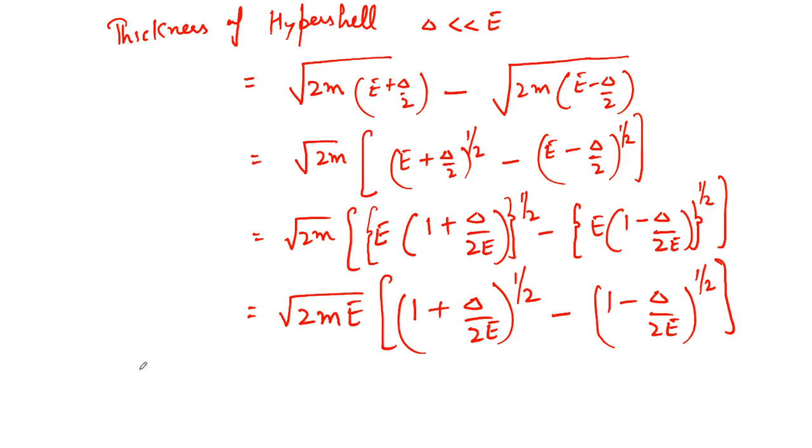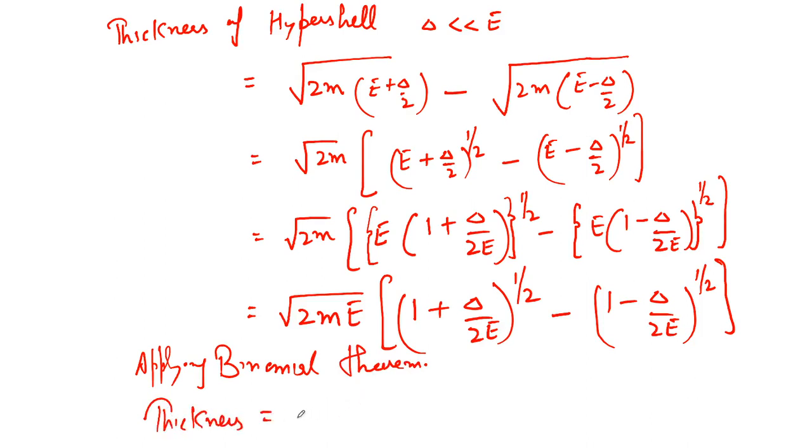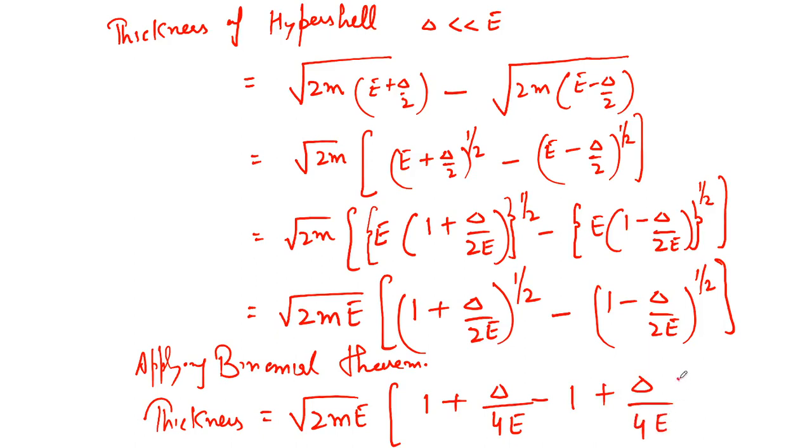So applying the binomial theorem, we can solve this value. This thickness comes out to be of the order of under root 2me, and when we apply the binomial within this bracketed term, we can write it as 1 plus delta over 4e minus 1 minus delta over 4e.